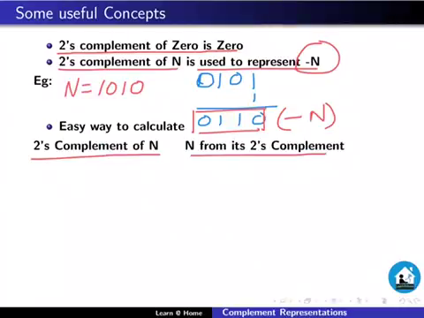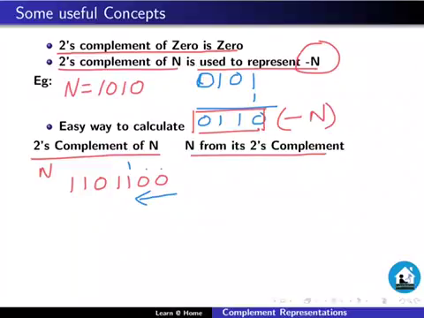Let us take n is equal to 1 1 0 1 1 0 0. Now the easy way to find the 2's complement of n is to scan the number in this direction until you see a 1. So you can see that this is 0, and here you see a 1.